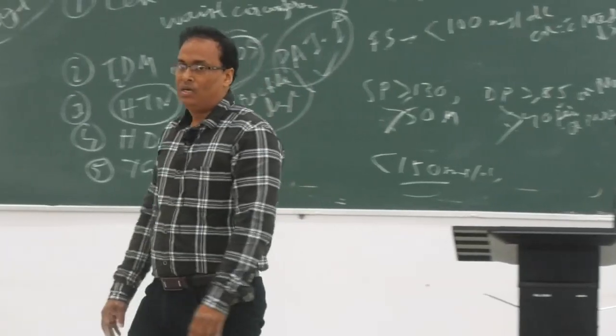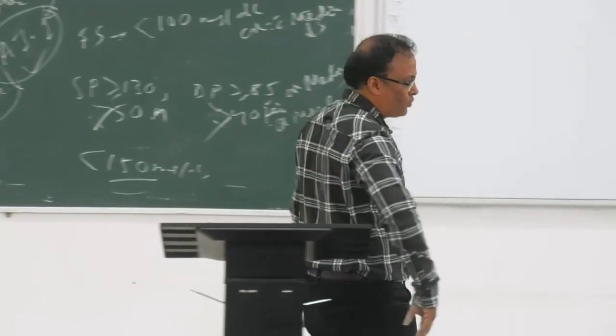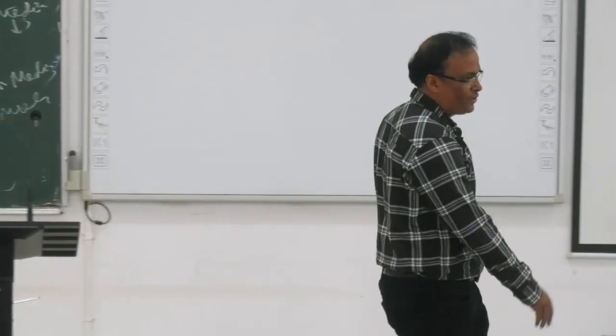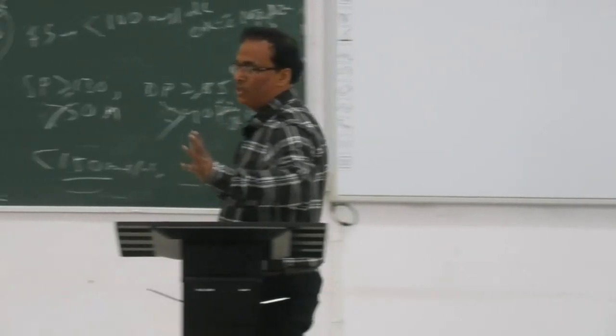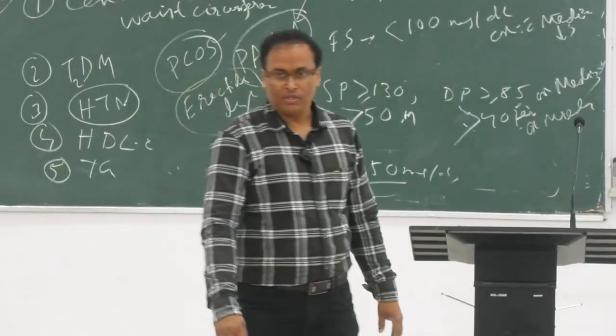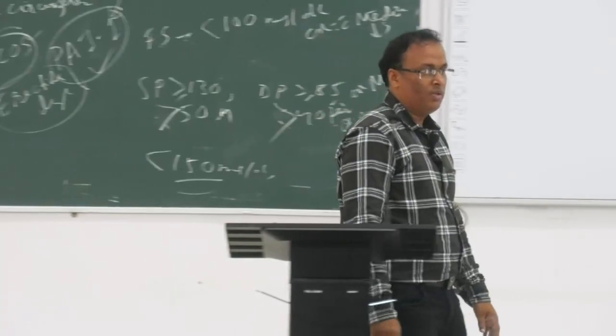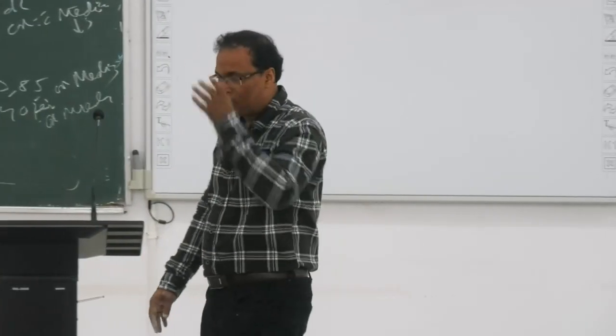Complications are cardiovascular diseases, heart attacks, strokes, ischemic heart disease, and cancer. Cancer, how is it possible? Suppose I take fatty liver. Fatty liver means deposition of fat causing fibrosis, then cirrhosis, then carcinoma of the liver. So it can predispose.